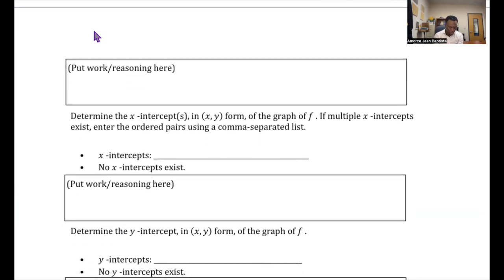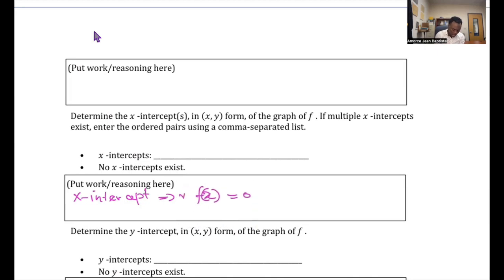X-intercept is when f of x equals 0, which means y equals 0, right?